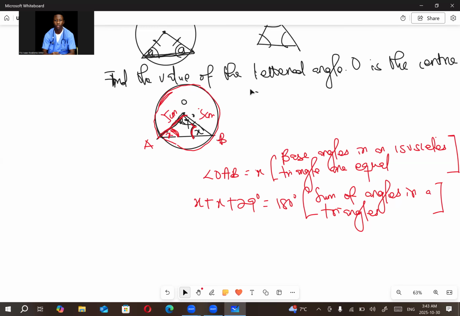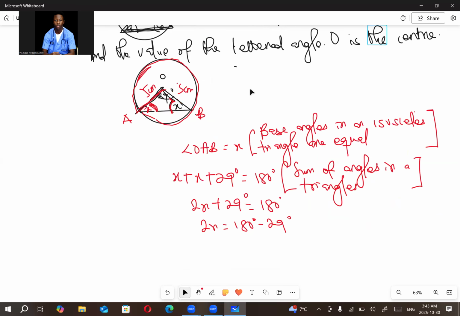But I'm going to give you a break soon. So this one is going to be what? 2x plus 29 degrees equals 180 degrees. So 2x is equal to 180 degrees minus what? 29 degrees. 2x is equal to what? 151.